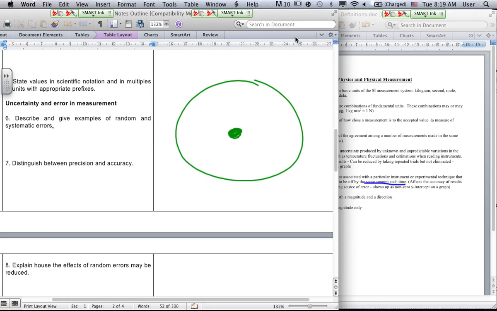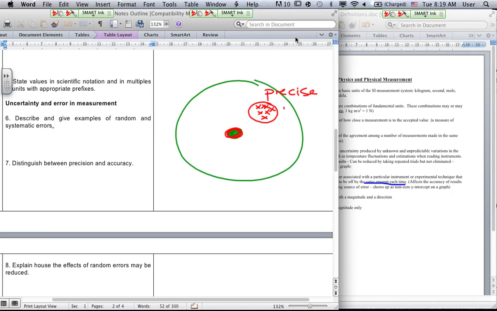Now, precision is to do with the actual readings, how close the readings are. So if your readings are precise, they are all close together, like this. Those would be precise, but not accurate, because this is where we want to be. This is accurate.